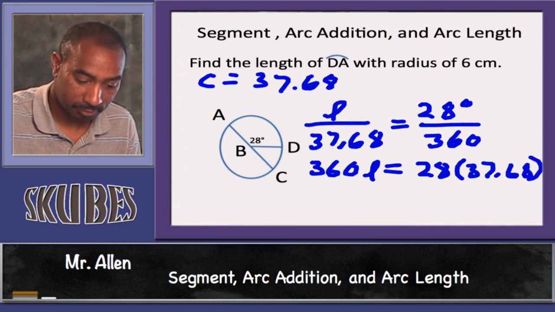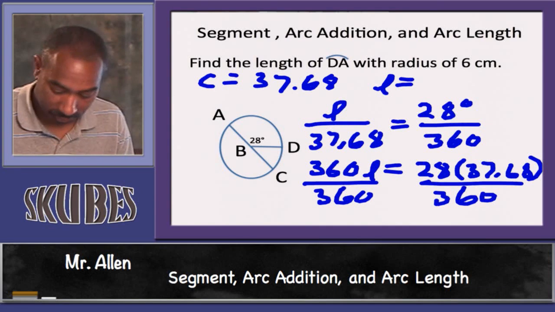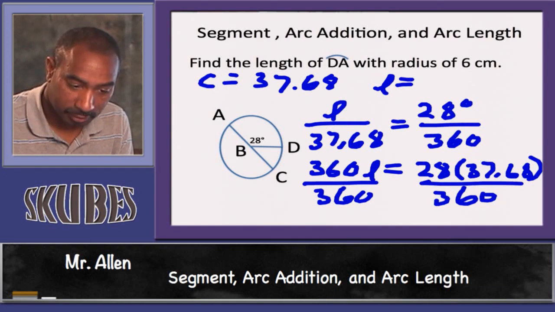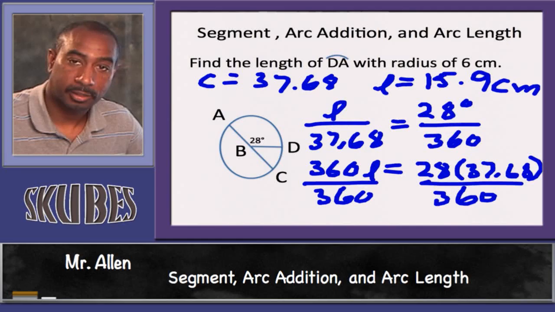And you're going to divide all this by 360. When you do that, the length is going to approximately equal 15.9 centimeters. All right, this concludes the lesson for today.